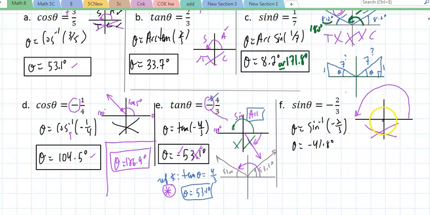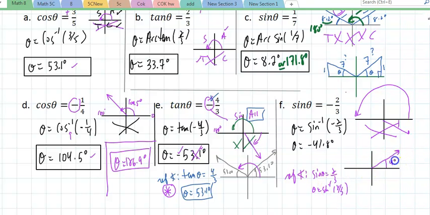So negative 41 is right there. Let me do the same as what I did on the previous. Let me find the reference angle. The reference angle would say take the sine of theta equals positive 2/3. That gives you the angle in quadrant 1, and theta will equal the inverse sine of 2/3.